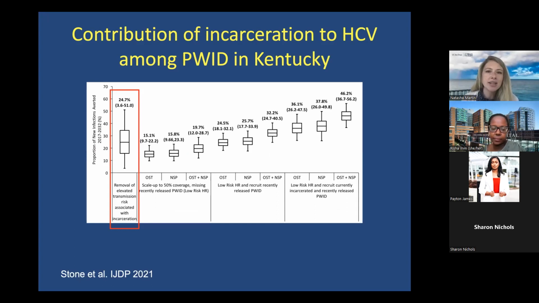This is a study done in Kentucky, looking at hepatitis C virus. And here we showed that basically a quarter of new hepatitis C infections among people who inject drugs over the next 15 years could be due to incarceration. So here we're seeing a really substantial fraction of new HIV and hepatitis C infections in these populations attributable to exposures to the criminal justice system.